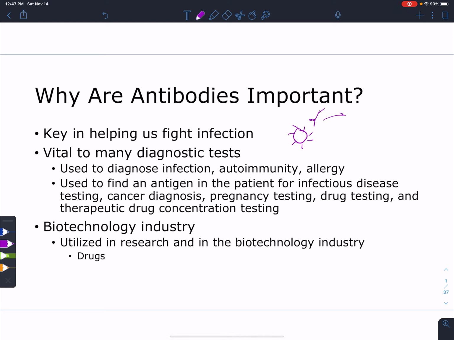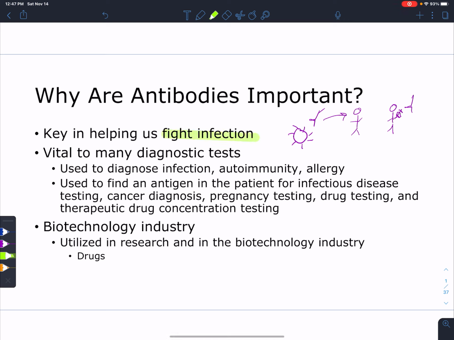We use the antibodies to share to another individual to help fight it off. And we're trying to develop that vaccine, to inject into people so they make the antibodies. So that's one of their functions, fighting infection.